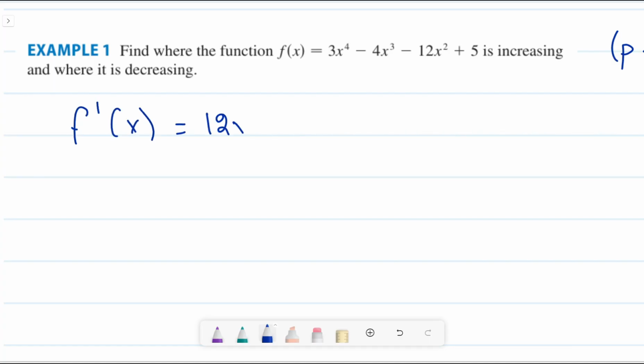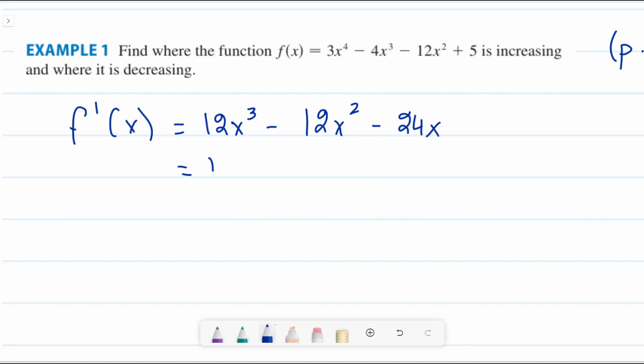We get 12x cubed minus 12x squared minus 24x. And let us factor it. So let's factor the 12x, and then all of it factors out to 12x times x minus 2 times x plus 1. Feel free to check our video about factoring for more information about how I factored this.